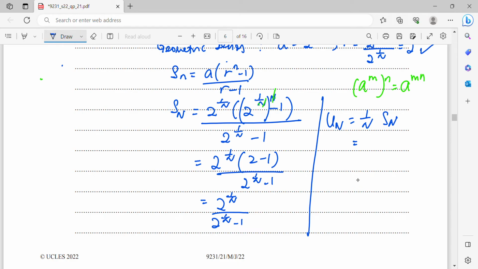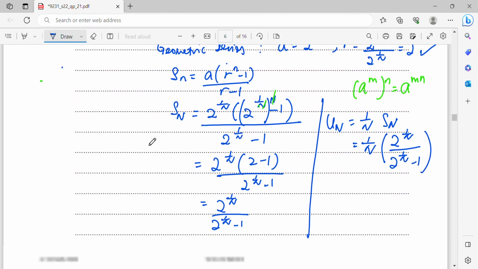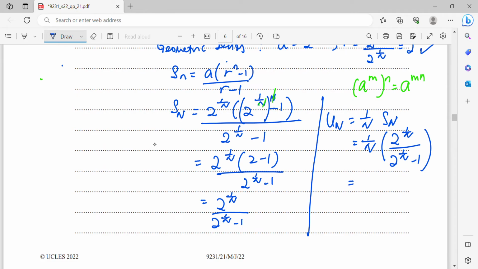Therefore, I will get 1 over n of 2 to the power of 1 over n over 2 to the power of 1 over n minus 1. Now, my n should combine with 2 to the power of 1 over n minus 1. So I just combine: 2 to the power of 1 over n divided by n bracket 2 to the power of 1 over n minus 1. That is my Un.